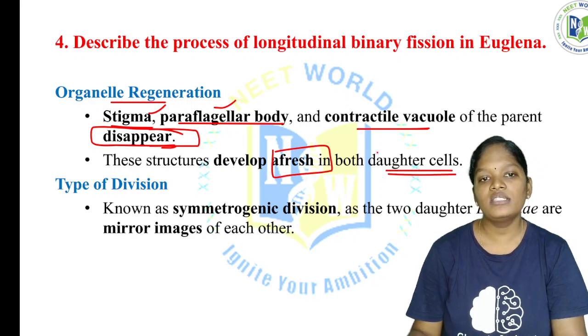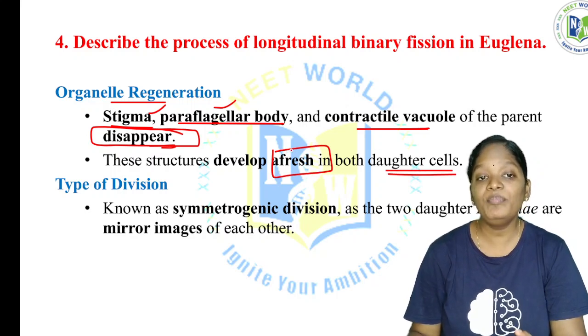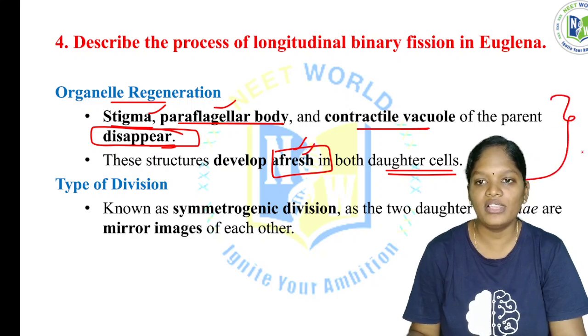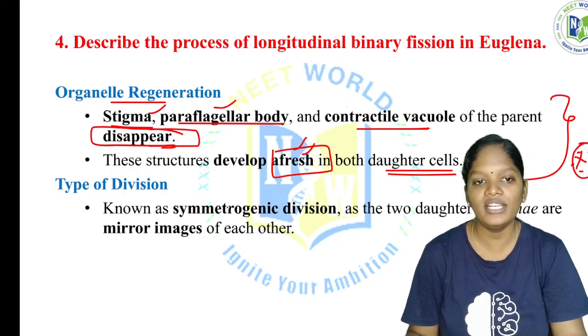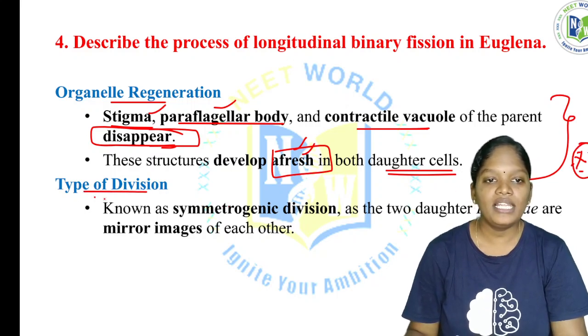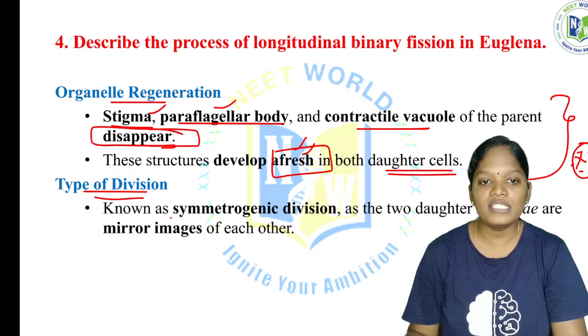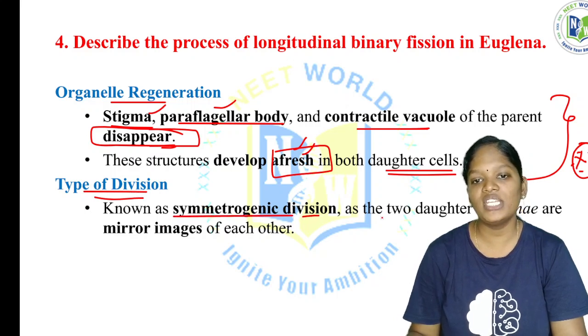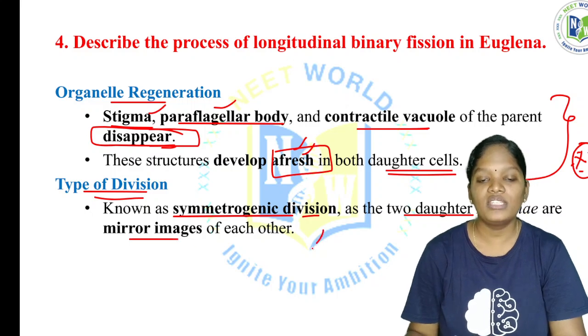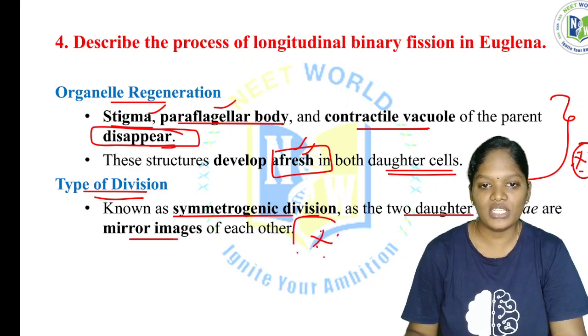These are all very important structures that develop newly, not depending on the parent. So what type of division is it? It is known as symmetrogenic division, as the two daughter Euglenae are mirror images of each other. Symmetrogenic division is very, very important.